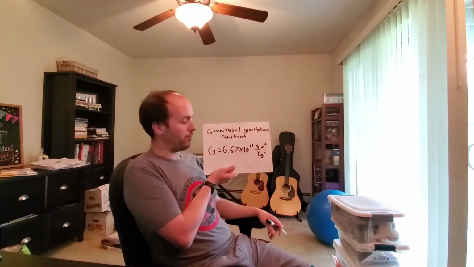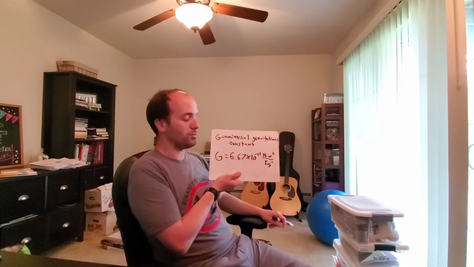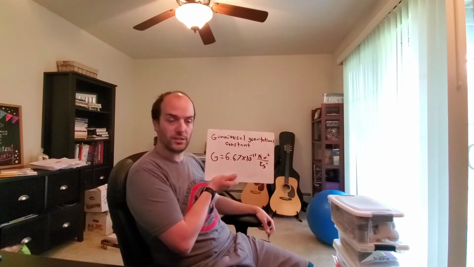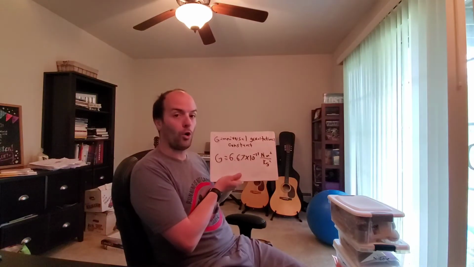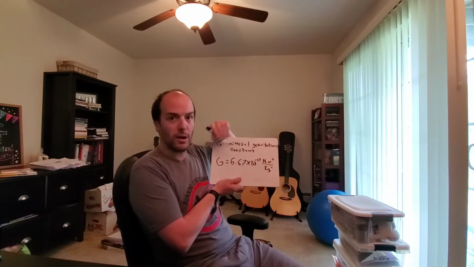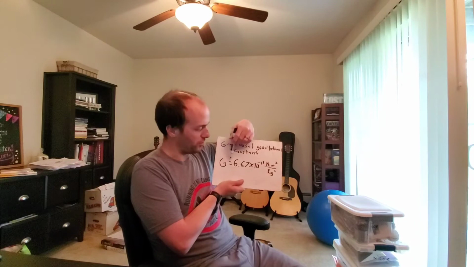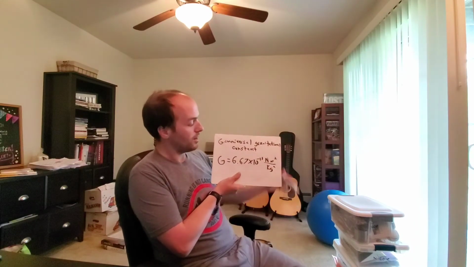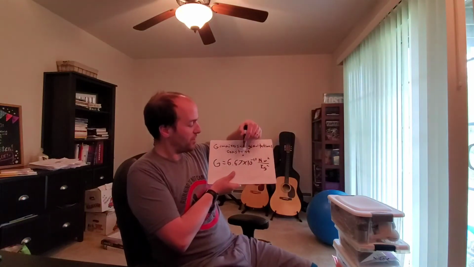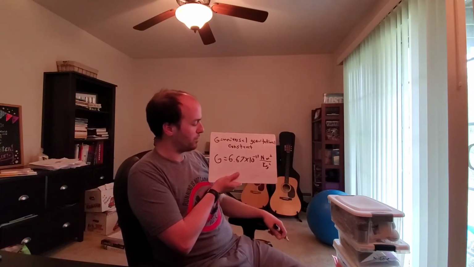Again, kind of a mouthful, but this value is one of the most important values in all of physics. It shows up in Einstein's work, it shows up in Newton's work, it shows up all over the place when dealing with cosmology, or especially astronomy. Astronomers use this value all the time. So this is what we've got: 6.67 times 10 to the negative 11 newton meter squared per kilogram squared.